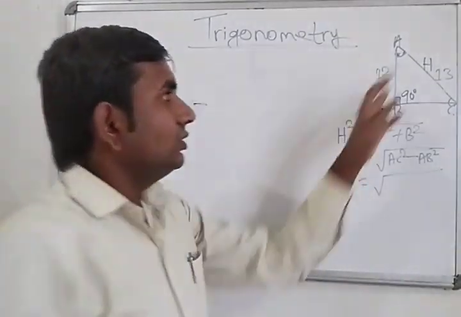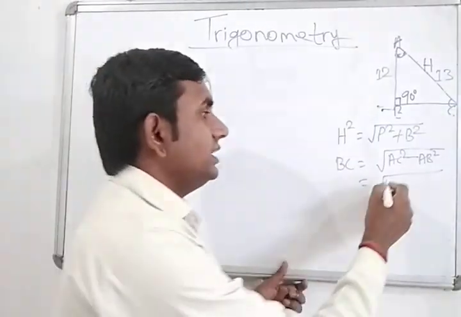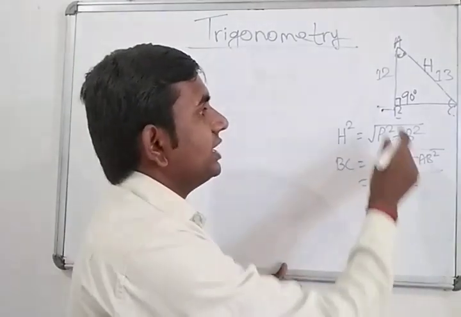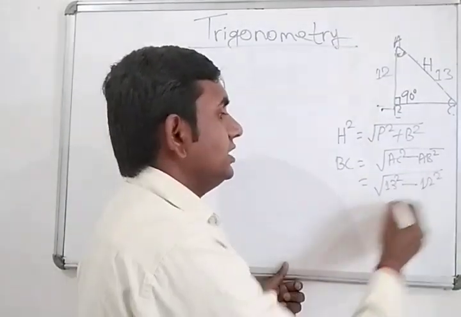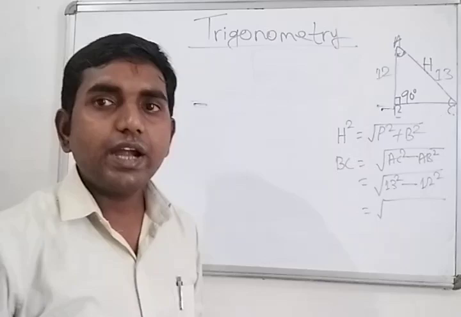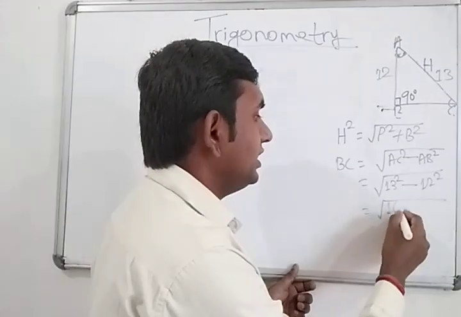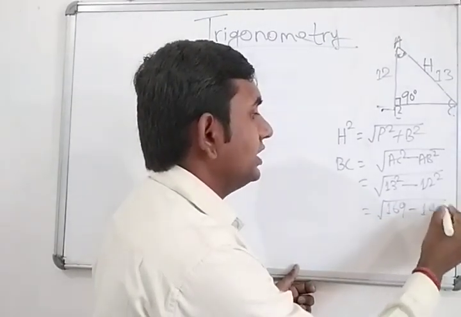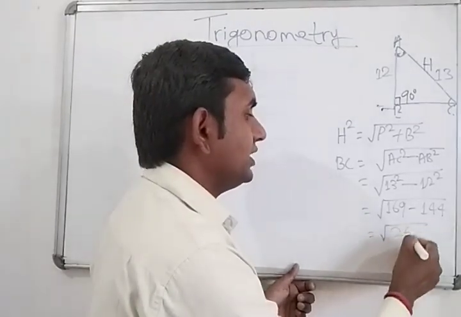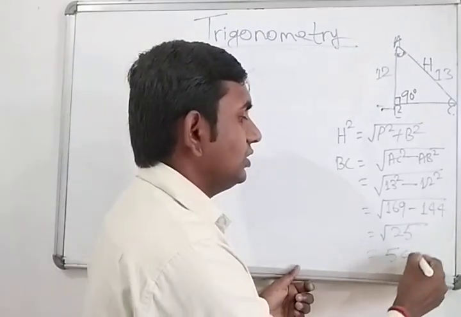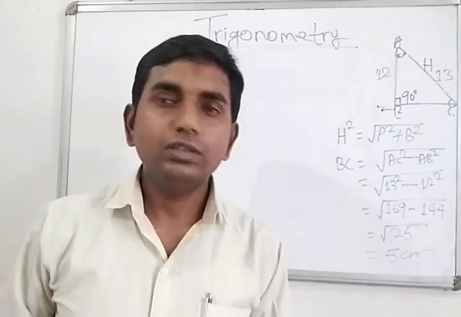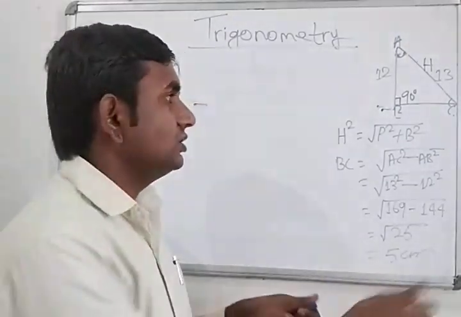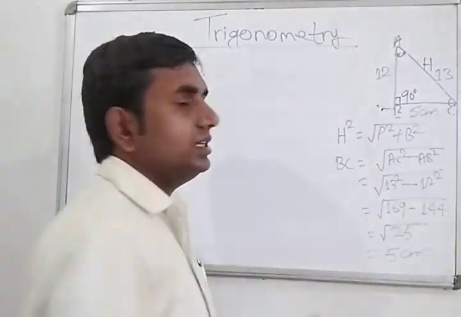Here the value of AC is given as 13, so we write 13 square, and minus 12 square. After finding it, we have 169 minus 144. After subtracting we have 25, and the square root of 25 is 5 centimeter. So this side is 5 centimeter.